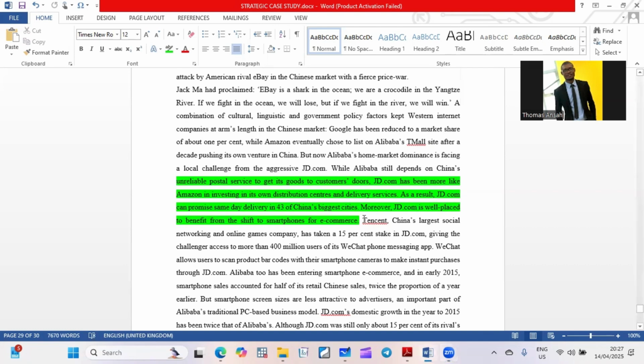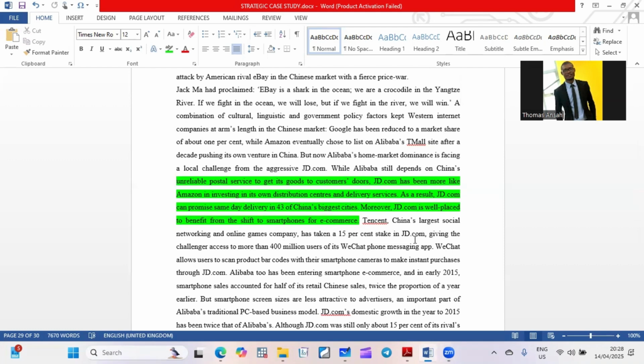Yeah. So it said that Tencent, China's largest social network and online games company, has taken a 15% stake in JD. More innovation. So I told you that citation, research and development, patenting, these are problems. When people start doing it, it means that they are coming to take over.